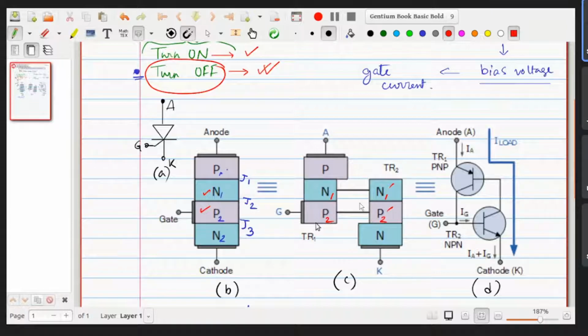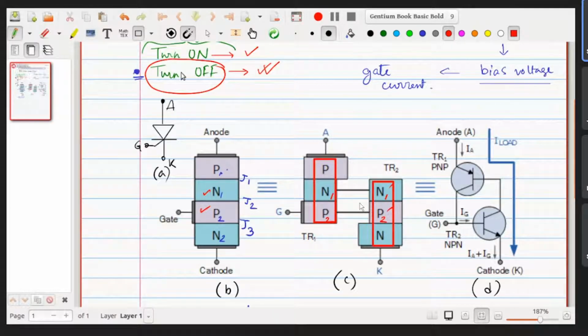And then we consider that N1, N1 dash and P2, P2 dash are shorted. Now, N1 is connected to N1 dash and P2 is connected to P2 dash, so the device properties are not going to change. What we find now is something like a PNP transistor and something like an NPN transistor.